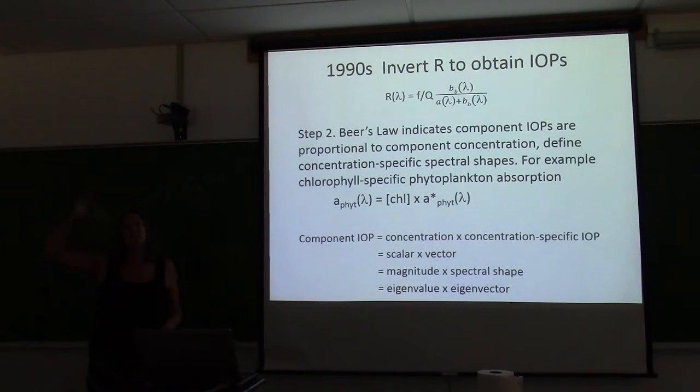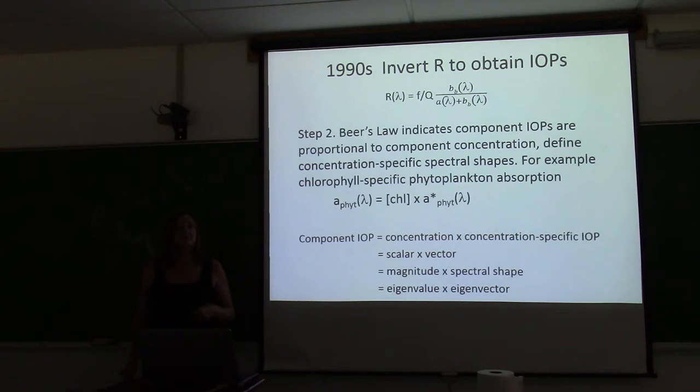Because most of the variability in the ocean in the phytoplankton absorption spectrum is due to concentration. Right? If you have a low concentration, you'll have a little tiny phytoplankton absorption. If you have a lot of phytoplankton, you'll have a big absorption. And the variability between species and light history and nutrients is second order and much, much smaller.